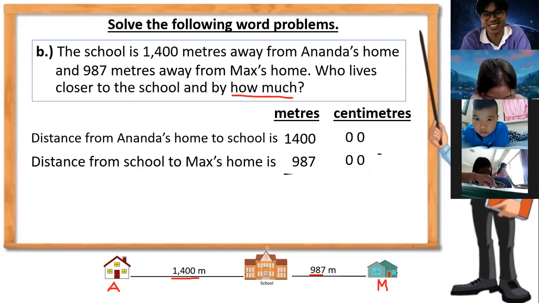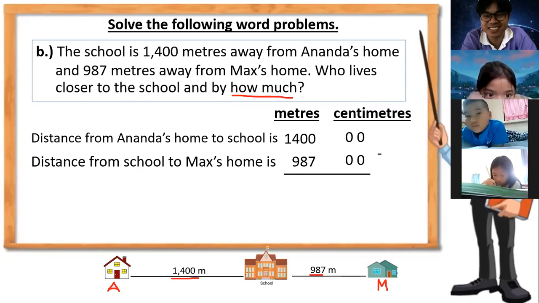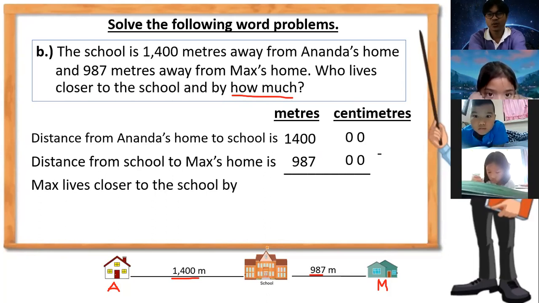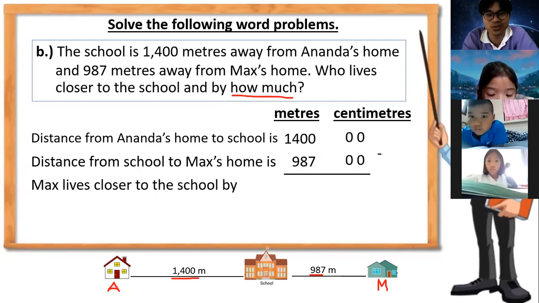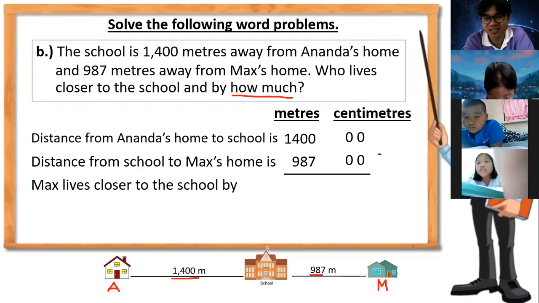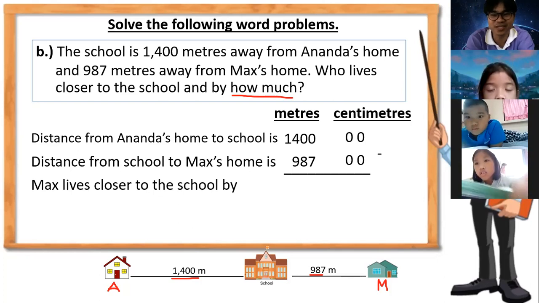Minus. Okay, this is minus like that. What is the answer? So it's very obvious here. Max lives closer to the school by... Okay, what's the answer here?